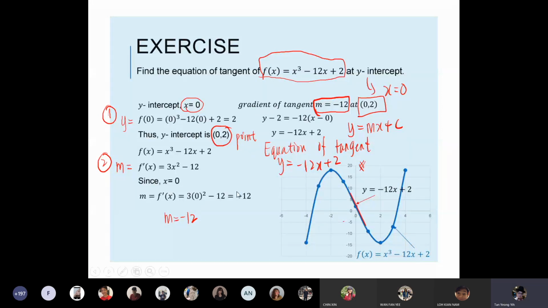Are there any questions here? Is there any questions? Now students, for differentiation, in the final exam, you have a very big portion on this.